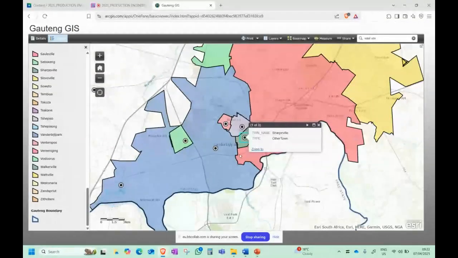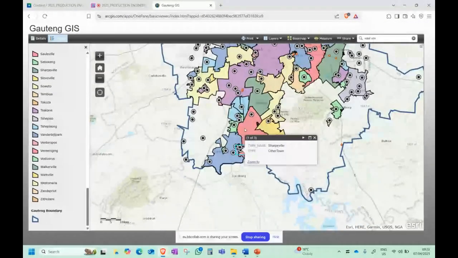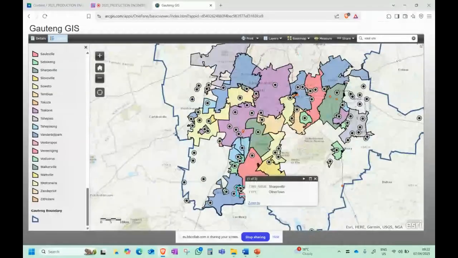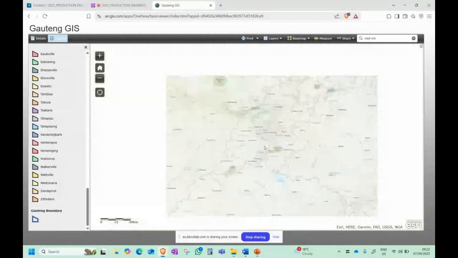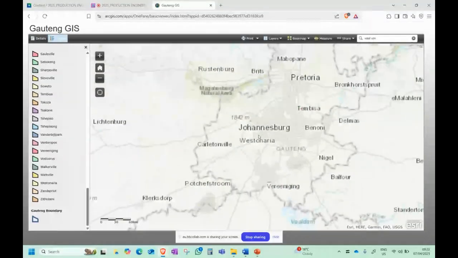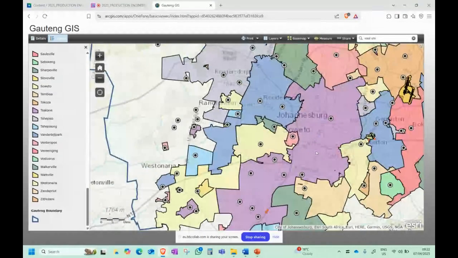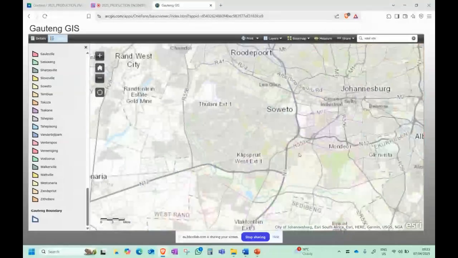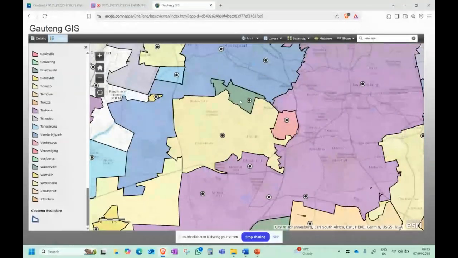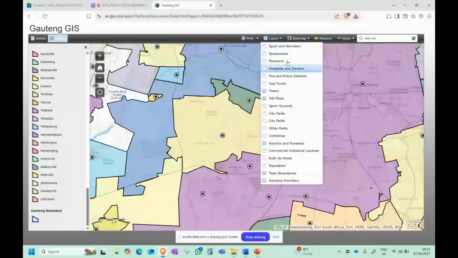As you can see, we have the GIS of the whole of Gauteng, and under this GIS, you are able to view things such as if you wanted to focus on sports and recreation or restaurants, hospitals, fire, police stations, fast food. So this is how you would do it.